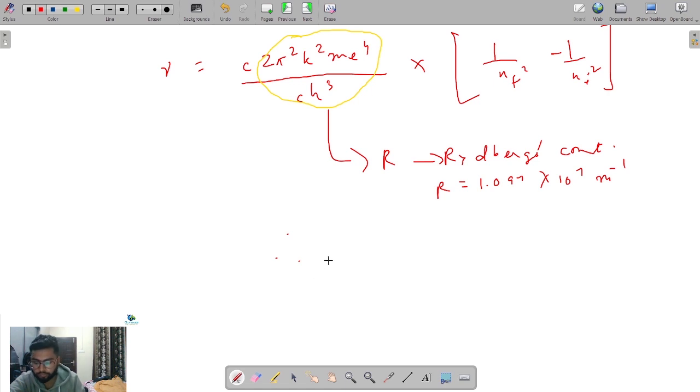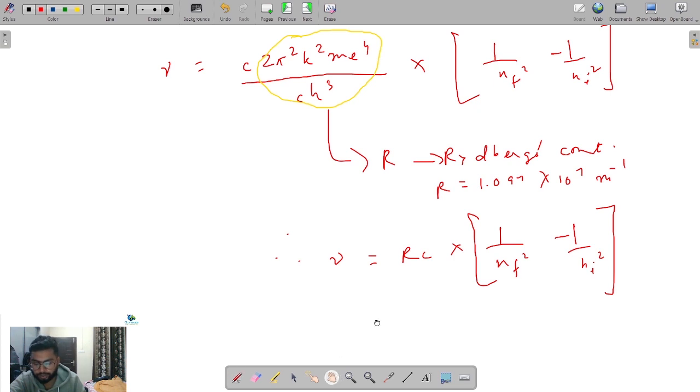Therefore nu equals to Rc multiplied by 1 by nf square minus 1 by ni square.